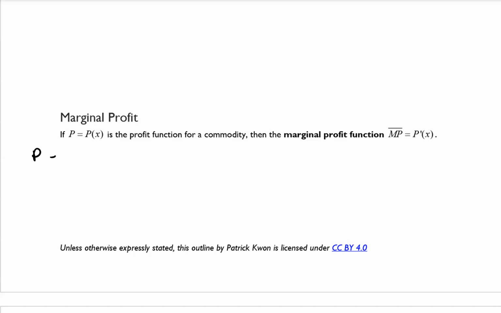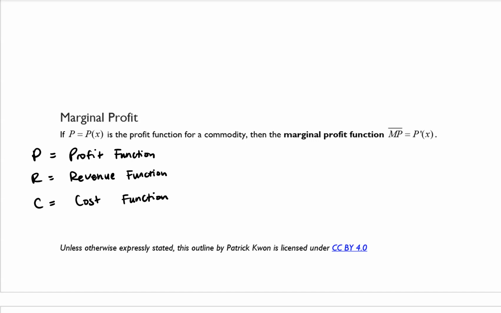So there's P, which is the profit function. There is R, which is the revenue function. And there is C, which is the cost function. And I have a little mnemonic device to help me remember the relationship between these three, but if you have a better way of thinking about it, please use that.